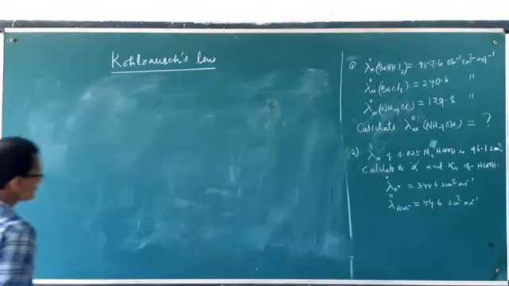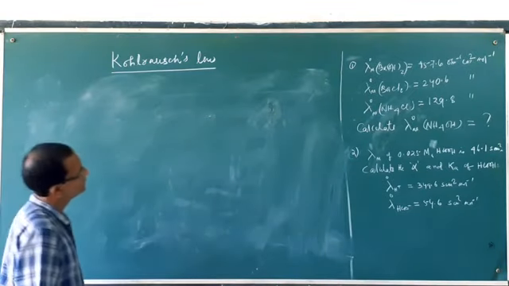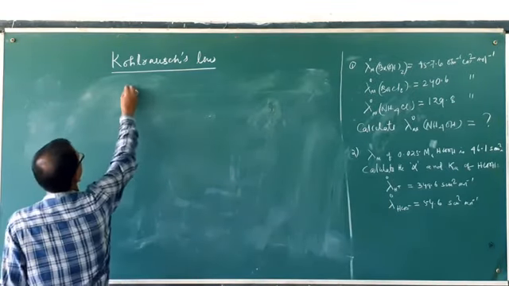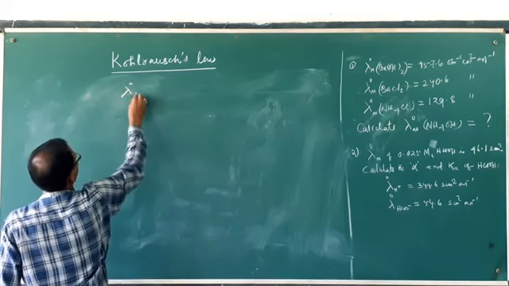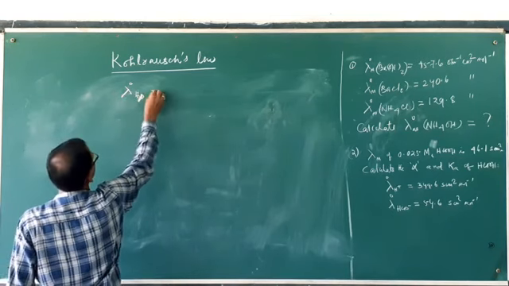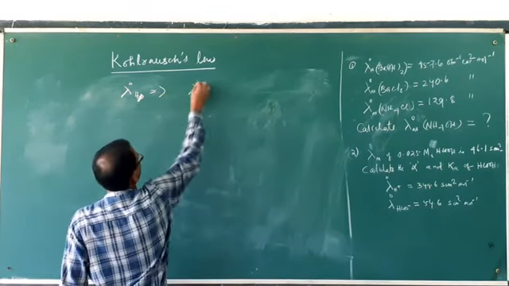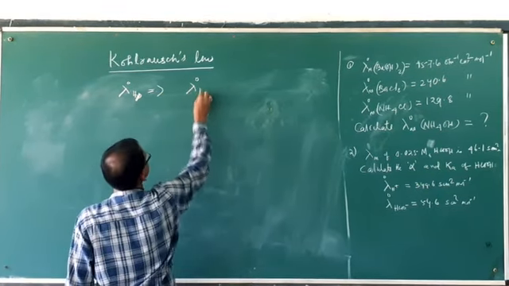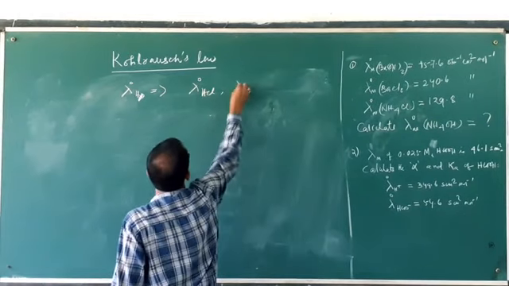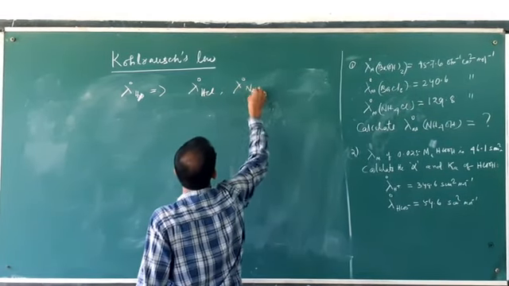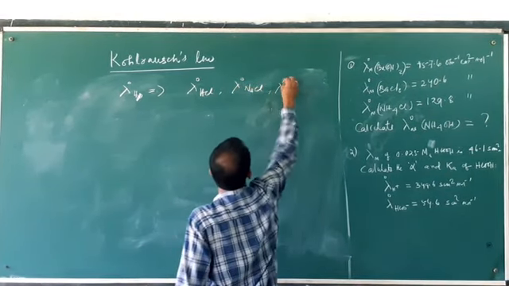Similarly, suppose we want lambda naught of water. How will it be calculated from the given data: lambda naught of HCl, lambda naught of NaCl, lambda naught of NaOH?